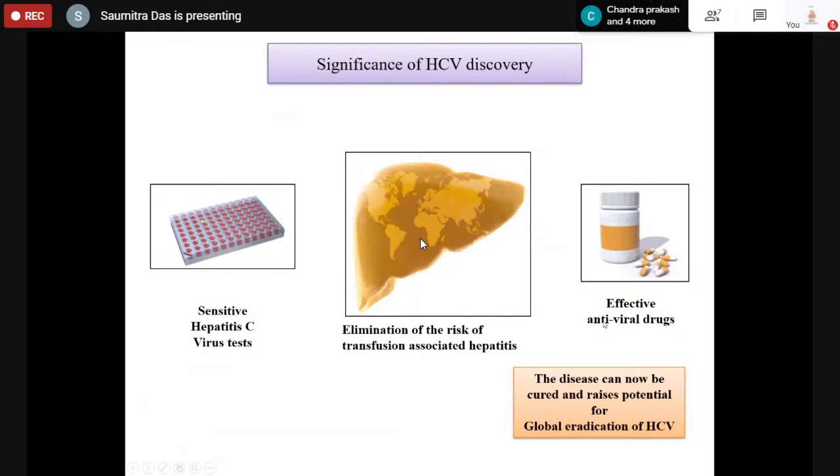In fact, all the hepatitis C researchers usually meet annually, and we call it the hepatitis C virus meeting. Two years back, Charlie Rice mentioned in his talk that we hope that in 2020 there won't be any hepatitis C virus meeting. Actually, it so happened this time we could not have the meeting because of COVID. But it is true that we are coming close, and people have recognized that hepatitis C virus is now under control.